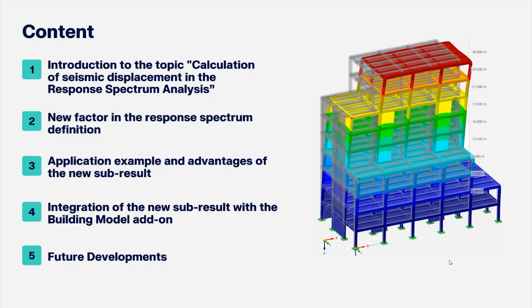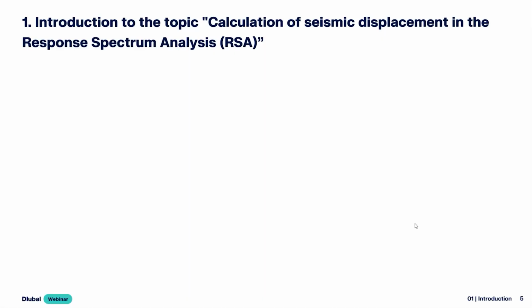Then we will take a look at the integration of the new subresult with the building model add-on, also connected with response spectrum. And finally, we are going to talk about the future developments for the seismic displacement and for this topic in general.